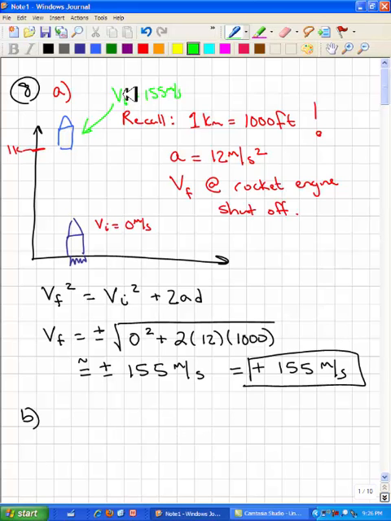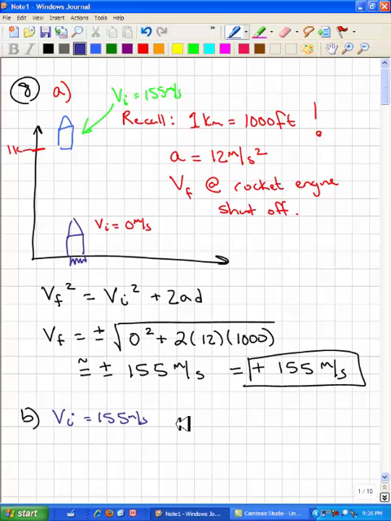So let's look at what we need to figure this problem out. Alright, so here's what we know. Our initial velocity from part A was 155 meters per second. Our acceleration is 0 meters per second squared now because the engine is gone.